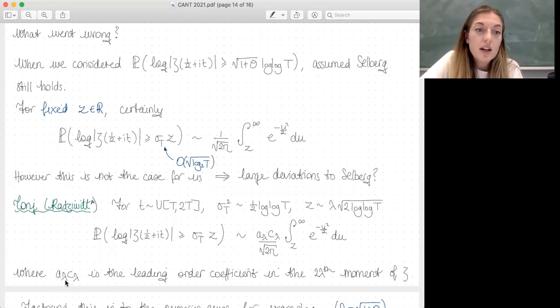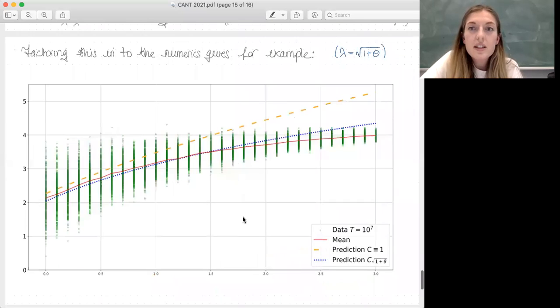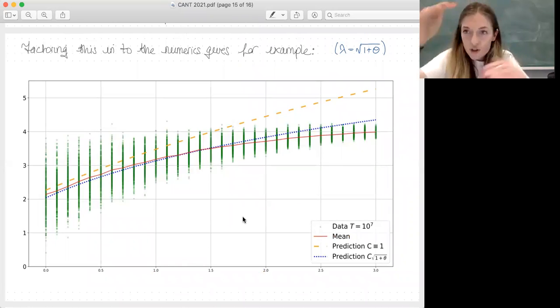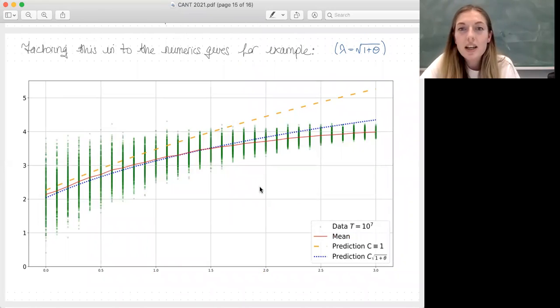So you can adapt such a question into numerics, and you get a graph like this. Again, I've slightly squished the graph, so this yellow line doesn't look as dramatically bad as it did in the previous graph, but that's just perspective. But here, what you can see is that we're incorporating the large deviations to Selberg into the numerics, and that's just this blue line.